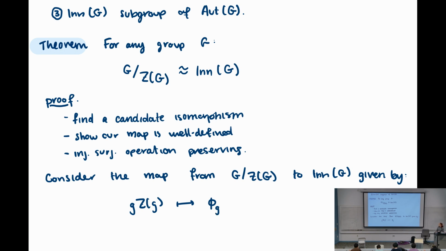I think that's probably the most natural thing, simply because we constructed elements of Inn(G) to correspond to elements of G. So the thing that makes the most sense given an element of G is to just make the corresponding inner automorphism. Okay, so let's see why this is well defined.